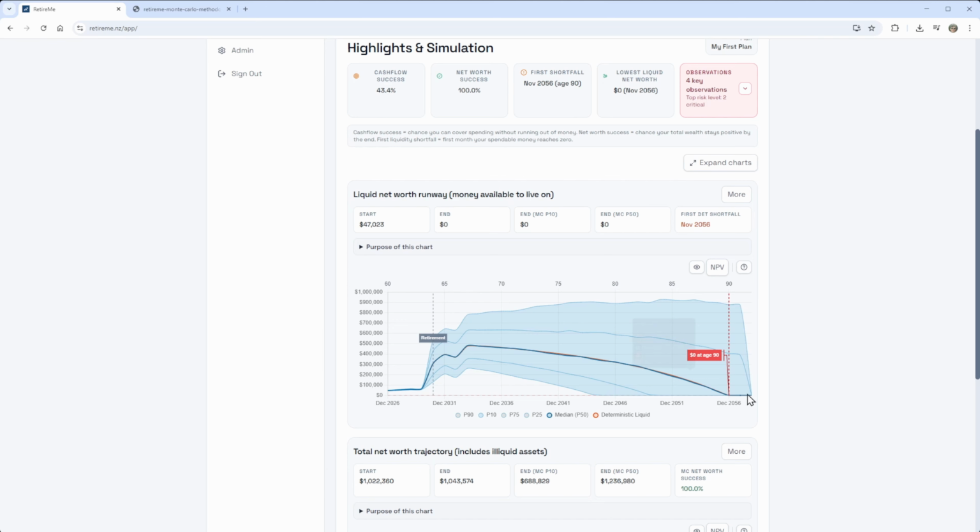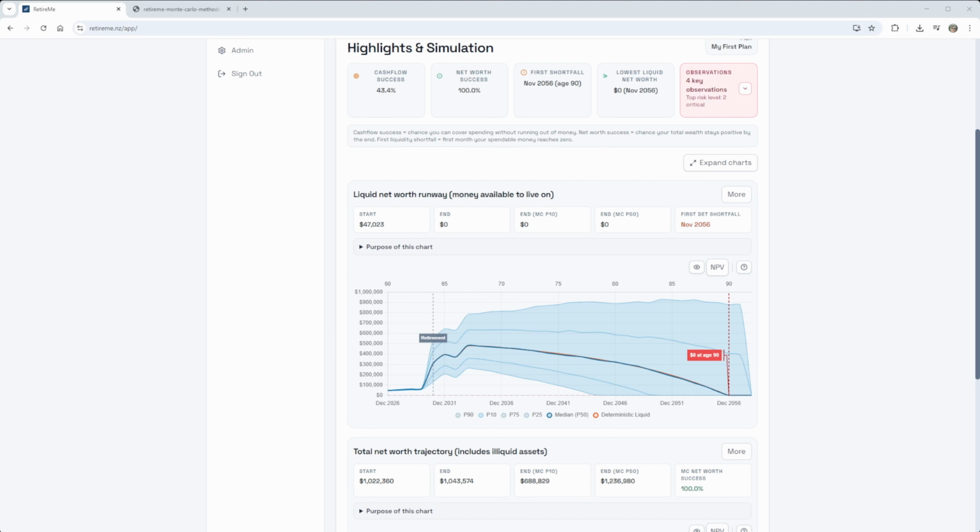And then they have quite a few years left living just on superannuation. So it's really important that you take Monte Carlo seriously, because it's not just about what happens if everything goes according to plan. It's about how likely my plan is to succeed under real world conditions.